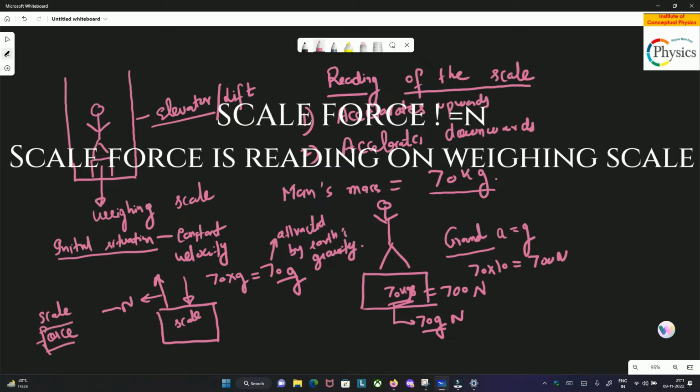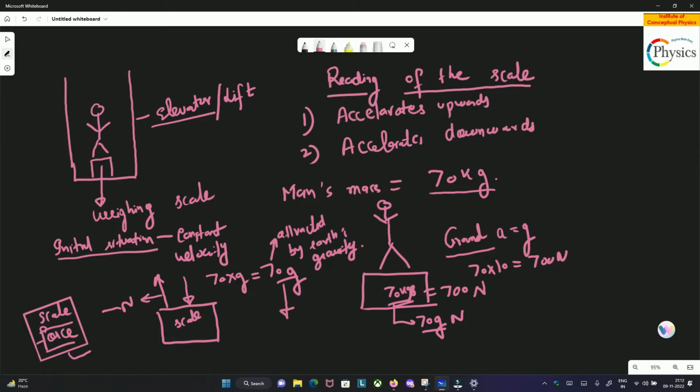Now here is a difference. The normal reaction, in the case of a weighing scale, I'm going to call a scale force. The scale force is the force coming from the scale back to the man, and it is the same as the weight of the man, which is the force being exerted by the man on the weighing scale, and the pushback which comes from the scale to the man is called the scale force.